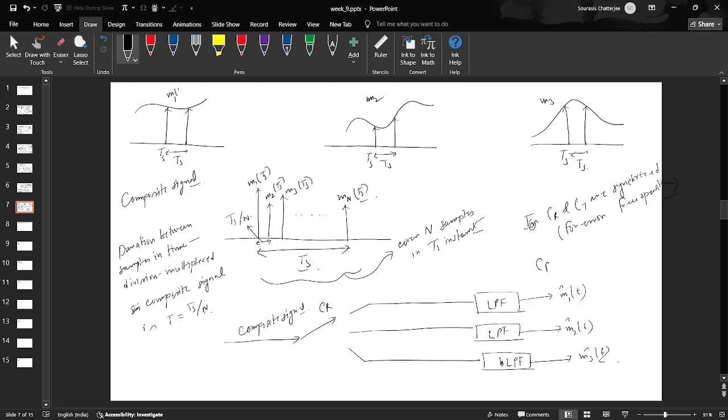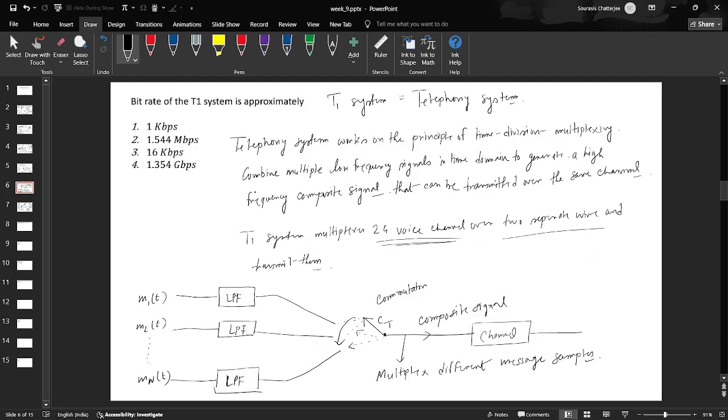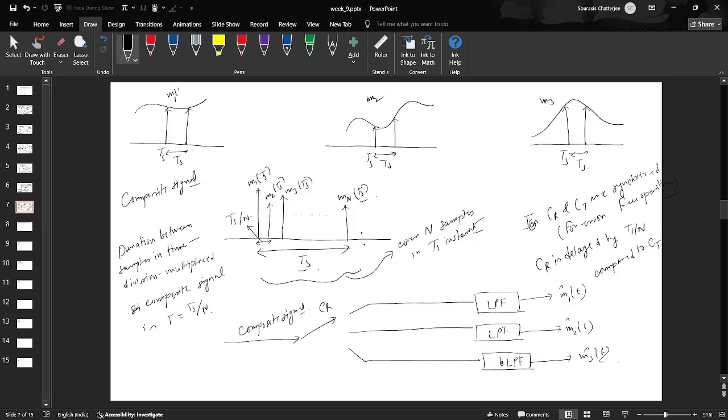And one thing, CR actually is delayed by Ts over N compared to CT. Intuitively the reason is that the composite signal T1 multiplexes 24 channels, here let's say n is equal to 24, actually 24 different message signals.